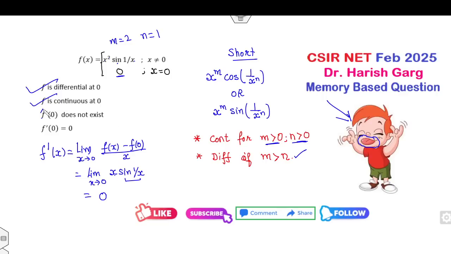So the limit does not exist for the other option, so that is cancelled out. F dash of 0 is 0. So the right answers of the problem are A, B and D.